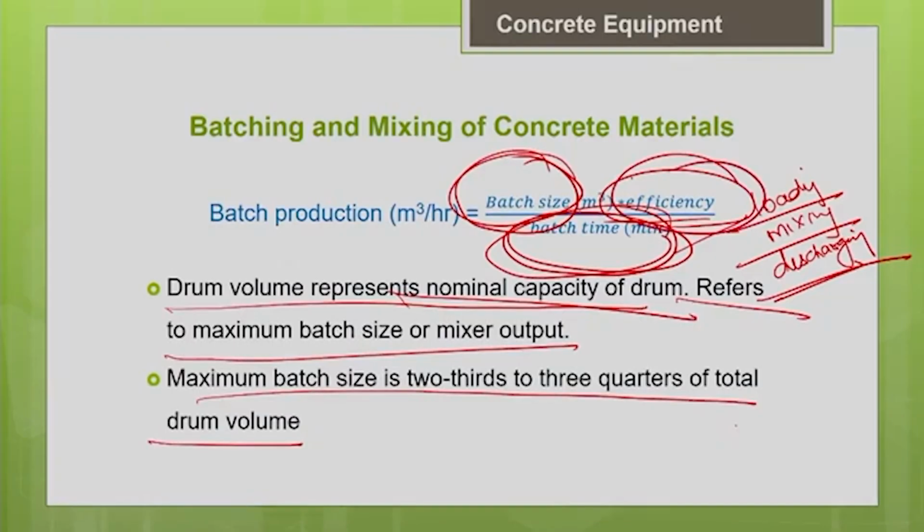It also depends, after the concrete is made, there should be a RMC transit mixer which comes readily and collects the concrete which is going to be discharged. Availability of a RMC transit mixer also affects your efficiency. All these factors are taken into account when you estimate the efficiency of the batch production. Normally it will vary from 60 to 80%, depending upon your batching plant, your equipment condition or the operation method.